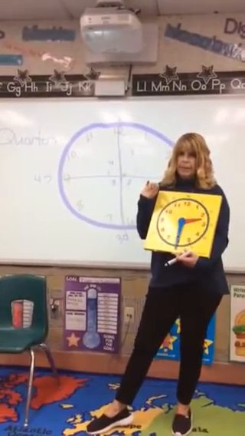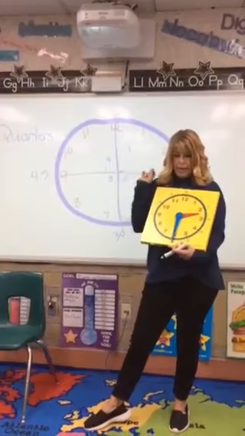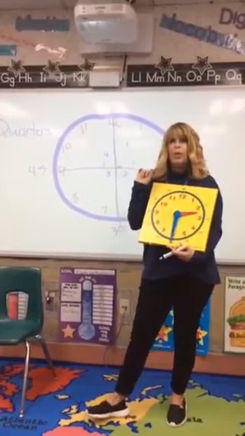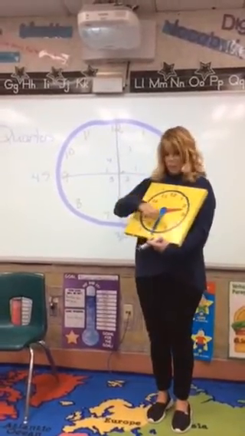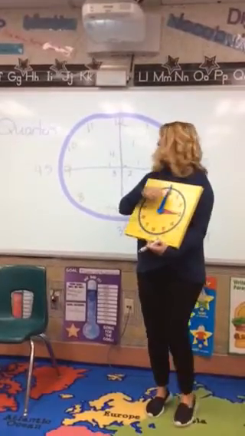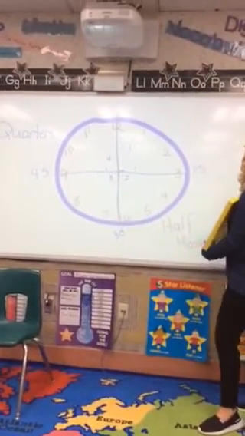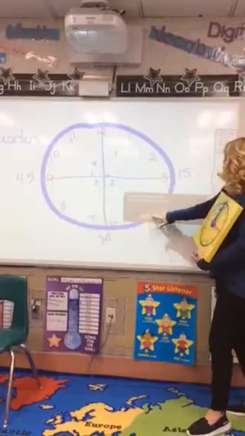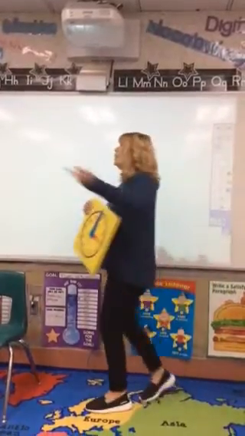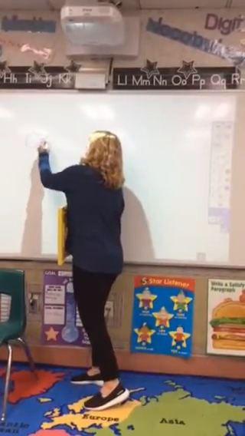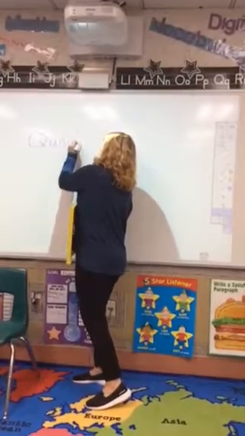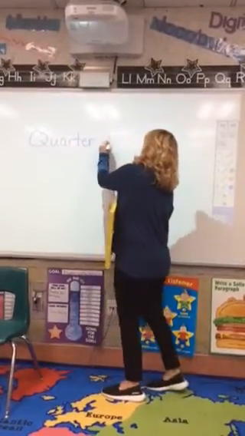Well, this is going to be a tricky lesson because now we're going to do the clock talk with quarters. And that gets really tough because we use the words quarter to or quarter till. Same thing.